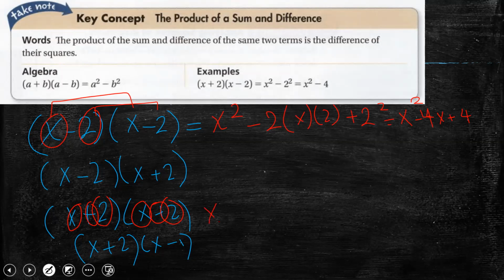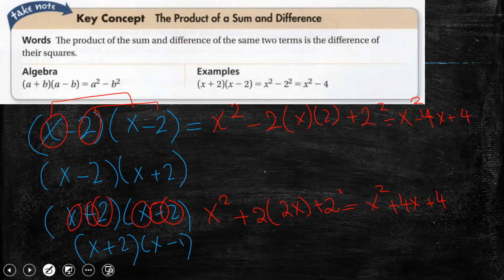I can write it as x squared plus 2 times 2x plus 2 squared, which is x squared plus 4x plus 4. So these are the first 2 rules that we use if we're talking about the same expressions with the same term and the same sign.